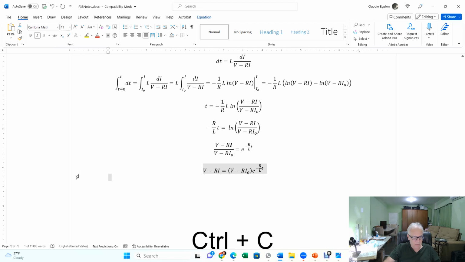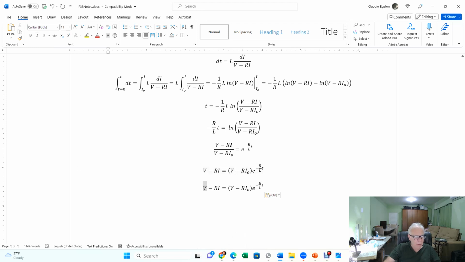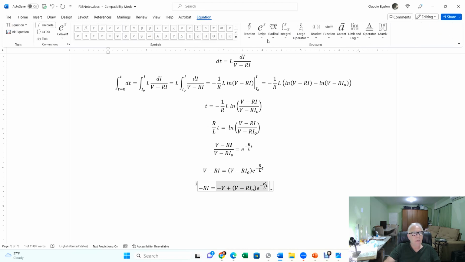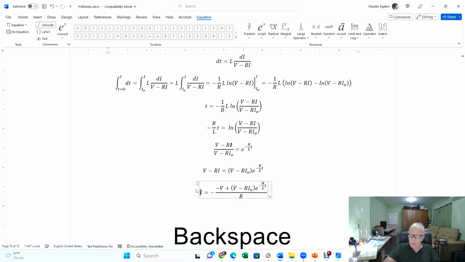One more step, minus V. And we still have to divide by R. Oh, and I'm going to put a negative sign right in here to get the current.